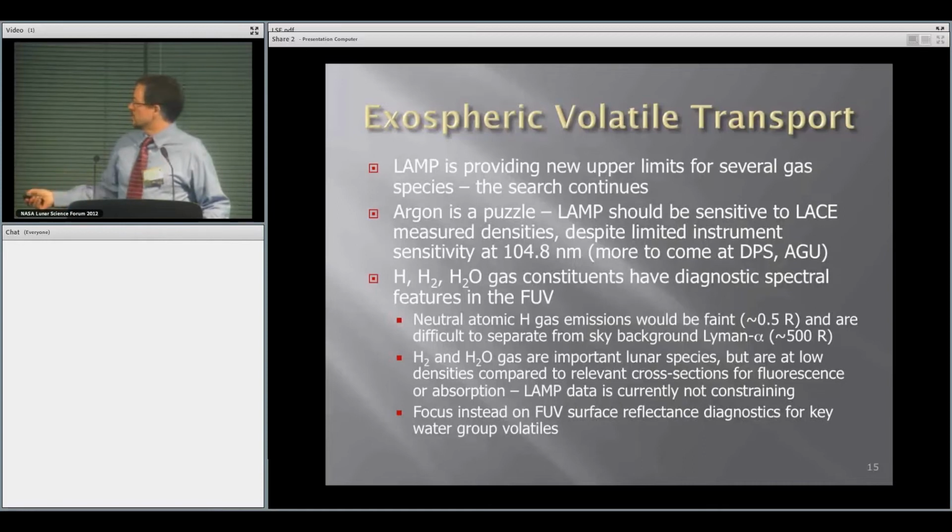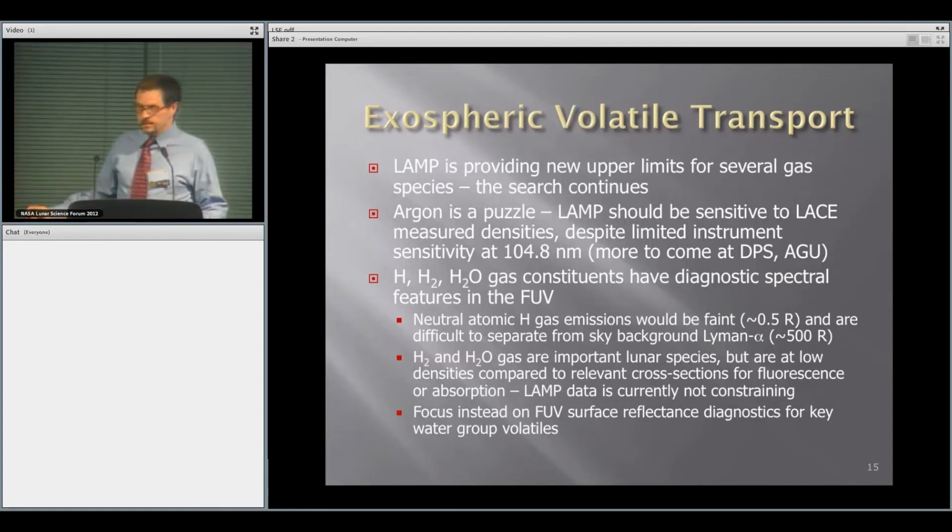Hydrogen atoms, hydrogen molecules, and water gas constituents also have diagnostic spectral features in the far ultraviolet. Especially with neutral atomic hydrogen gas, the Lyman alpha transition that our instrument is named after is related to this signature. The expectation would be a brightness of half a Rayleigh of light coming off of the lunar hydrogen, if it's there.